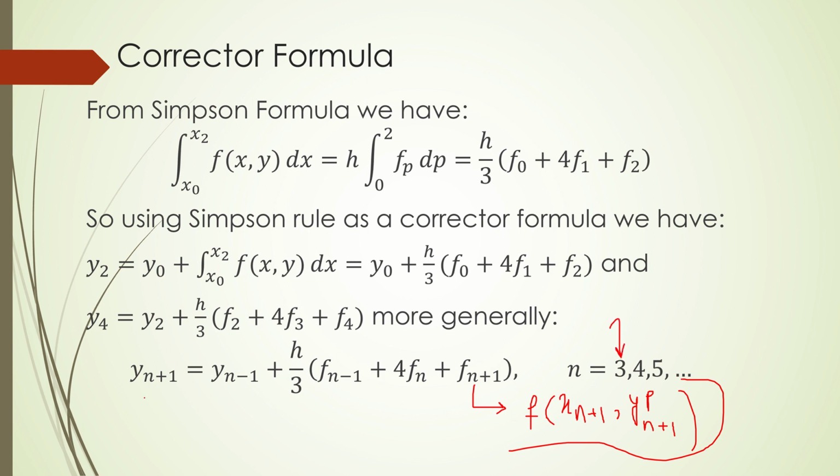If you put n equal to 3 here, you get y4, this will be y2, this will be f2, this is f3, and this will be f4, where f4 will obviously be f of x4, y4, the predicted value. Keeping this in mind, let me do an example for the solution of this differential equation.